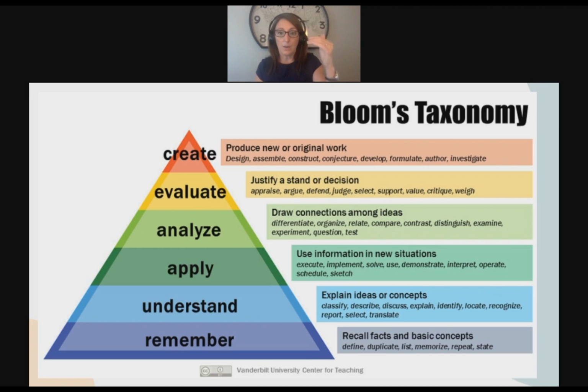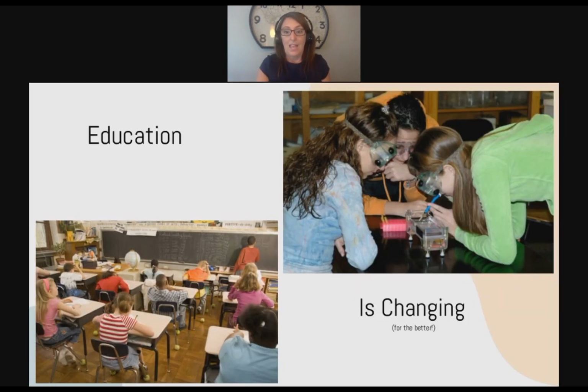Analyzing, evaluating, creating, then we can feel confident that we are providing opportunity for our students to be developing those skills that they are certainly going to need in the 21st century, because those 3 top tiers are where those 21st century skills lay. Okay? And so that is why education is changing. That's the very reason why.